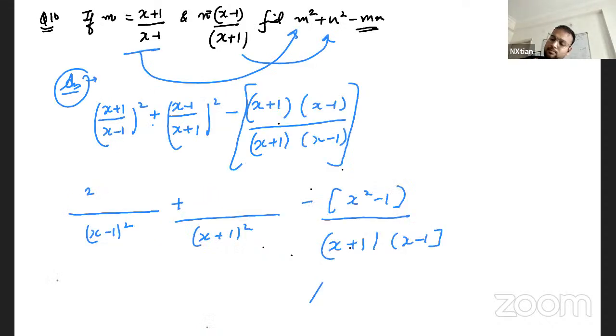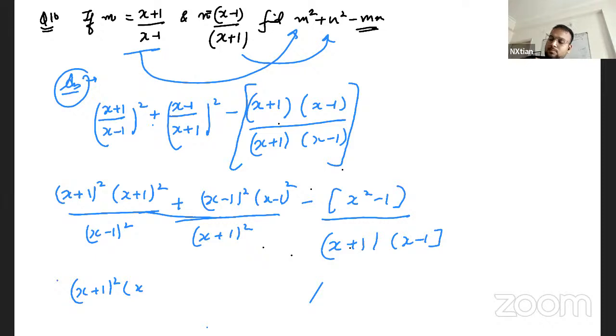We will put the same x plus 1 whole square into x minus 1 whole square. You can do it like this also.